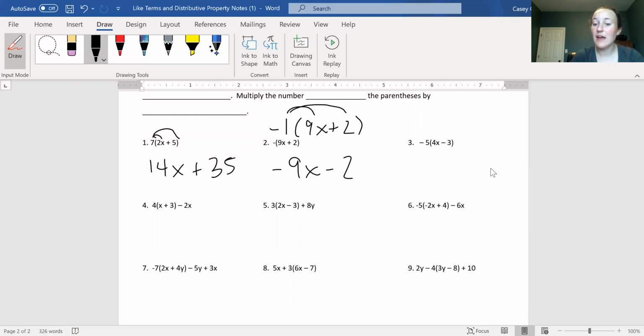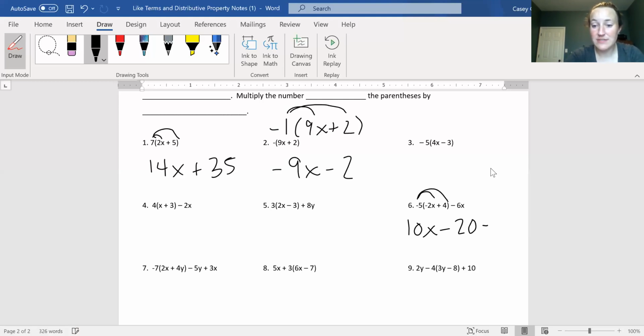Okay. Again, I'm going to go out of order, so I'm going to skip down to number 6 again. So for number 6, use the number right outside the parentheses. -5 times -2x is a positive 10x. -5 times a positive 4, draw those arrows if you need to, guys, is going to be -20.